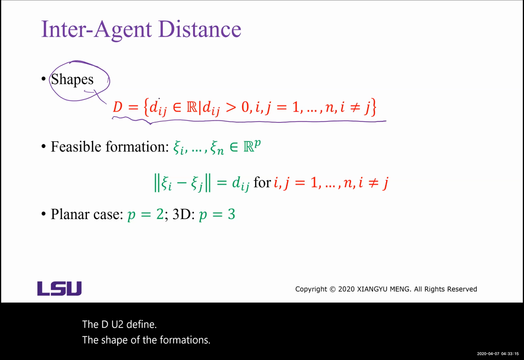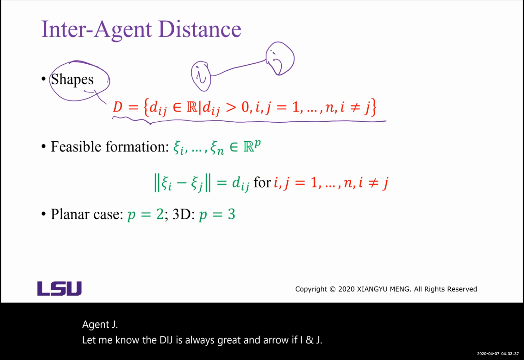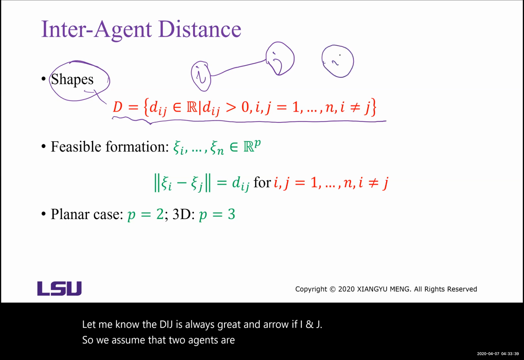In the set, we define dij as the distance between agent i and agent j. Then we know dij is always greater than 0 if i and j are different. So we assume that 2 agents are not at the same location.